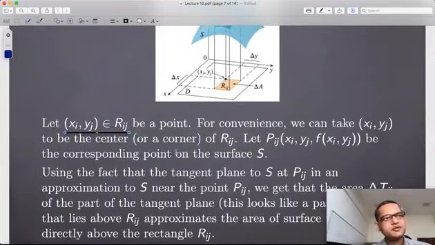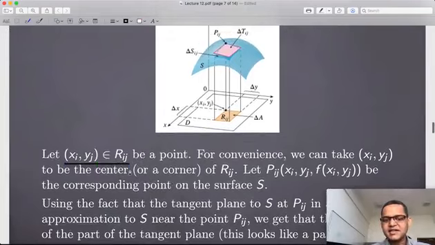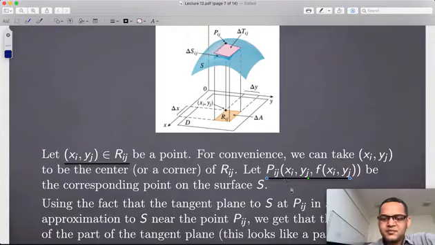Okay, this is up to you, but you fix some idea, like you want to take a corner point or the center, and then continue with that for the other rectangles also, so that it becomes easy to write down things. Okay, and then look at its image under the function, the point on the graph of f. Okay, so this is going to be a point over here.